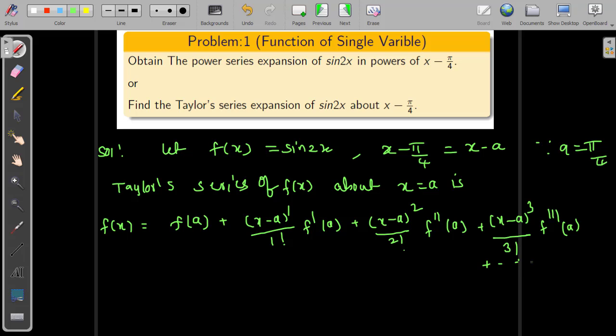Again, subsequent terms we could write: the fourth term is x minus a whole power 4 by 4 factorial times f fourth derivative of a, and so on. Let's mark this as equation number 1.